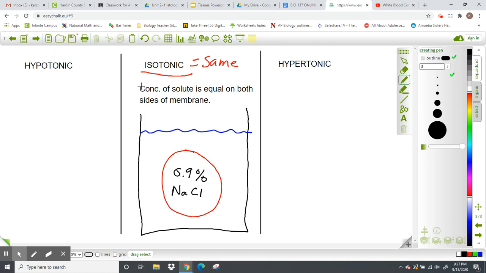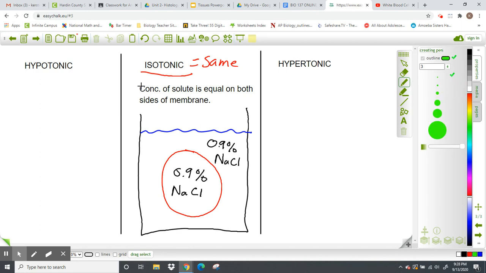Okay. In an isotonic solution, the concentration of salt outside of the cell is going to equal that of the concentration inside the cell. So in this situation, we're going to also have 0.9% NaCl on the outside, okay? And that doesn't mean there's not going to be any water movement, okay?